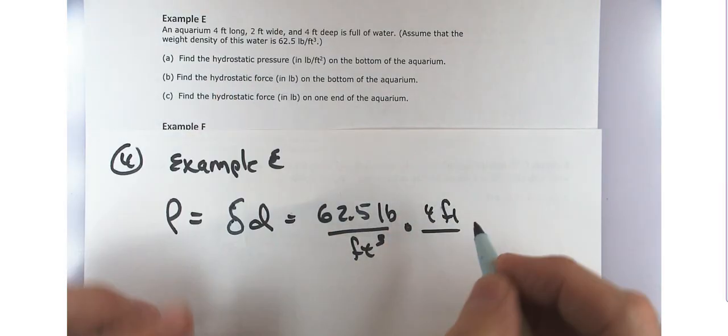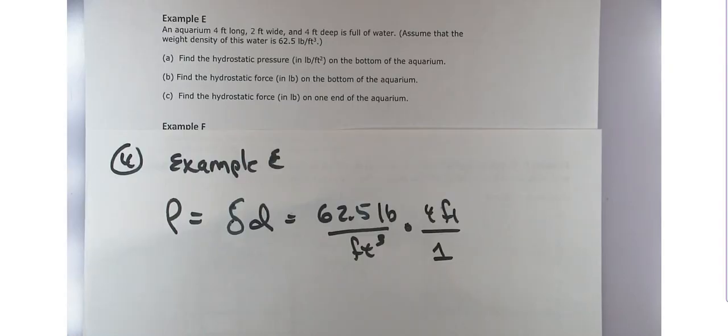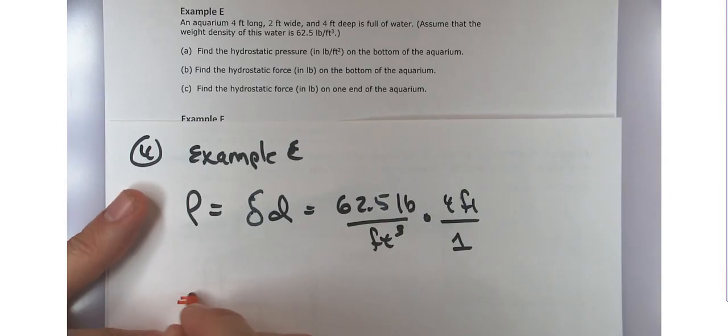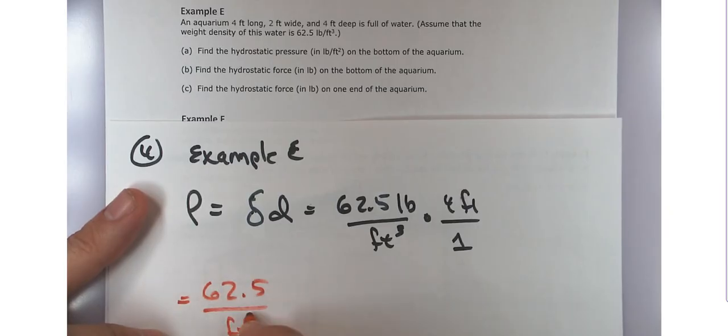Now I'm doing something that I don't often do, and that is I'm actually keeping track of the units, because I want you to see what's going on with some of these units, because keeping track of them can help make sense of whether or not you've got the right thing. I'm going to rewrite that over here, 62.5 pounds per cubic foot times 4 feet over 1.